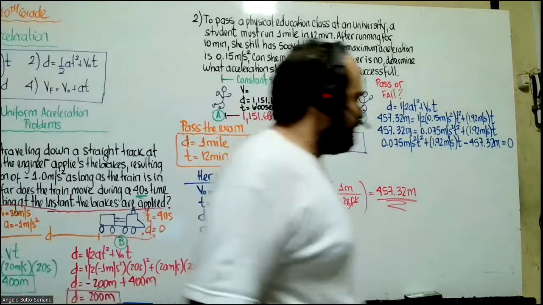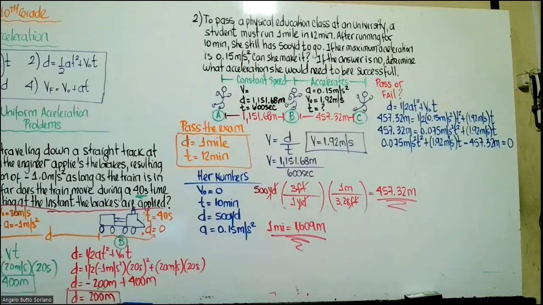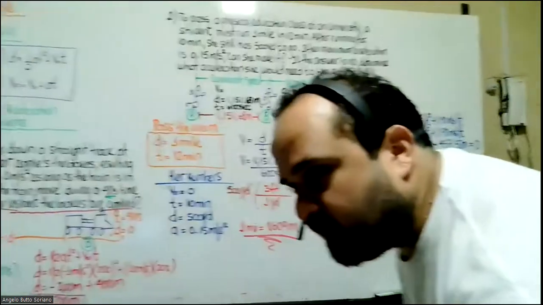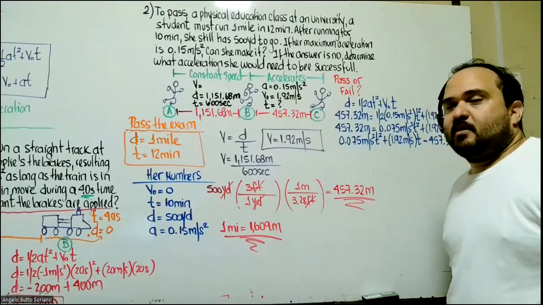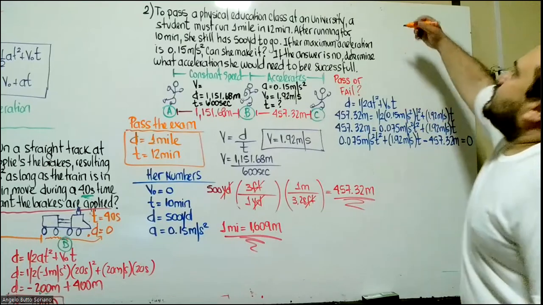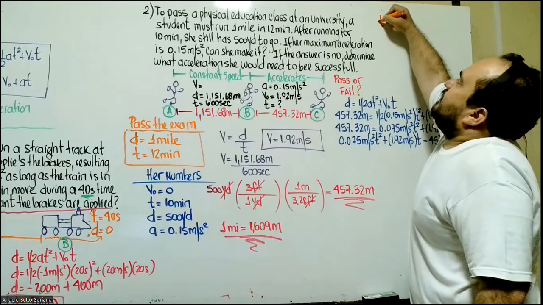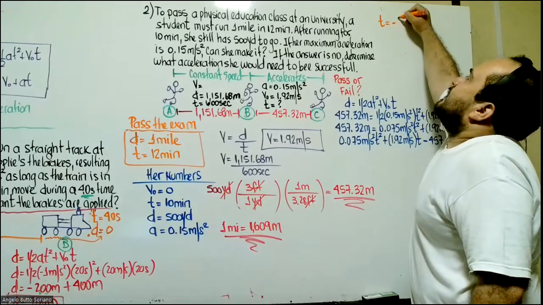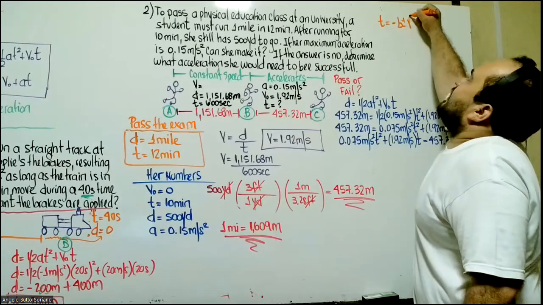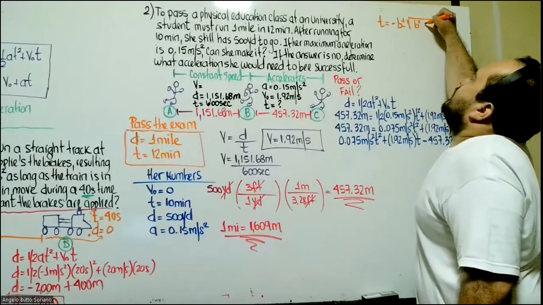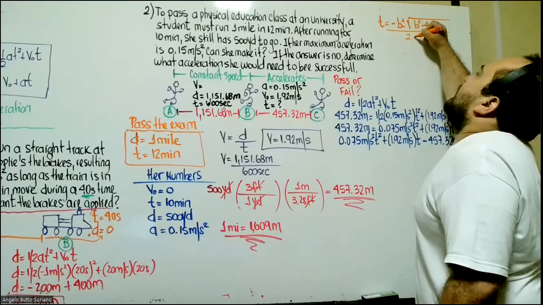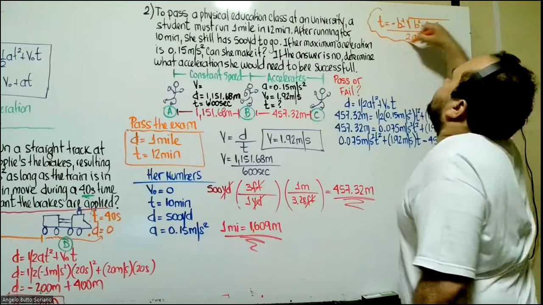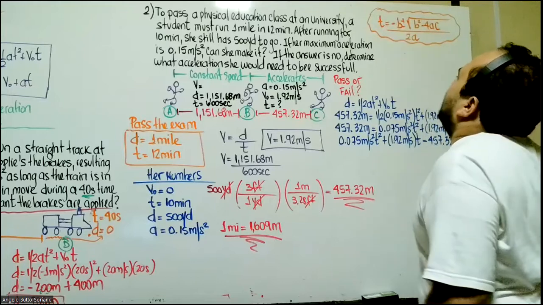For this kind of physics problem, I strongly recommend the quadratic formula because it gives the most precise solution. This is a known formula: the period of time equals negative b, plus or minus the square root of b squared minus 4ac, divided by 2a.